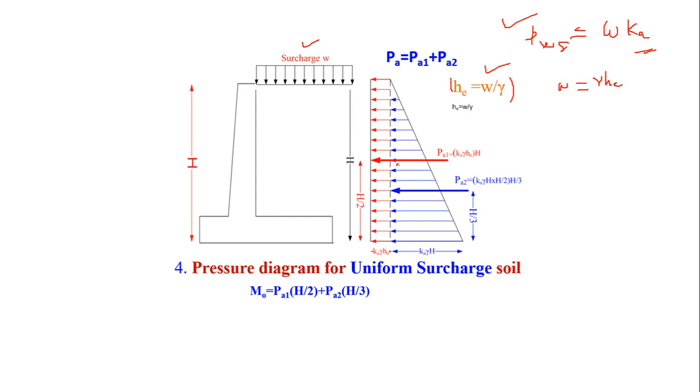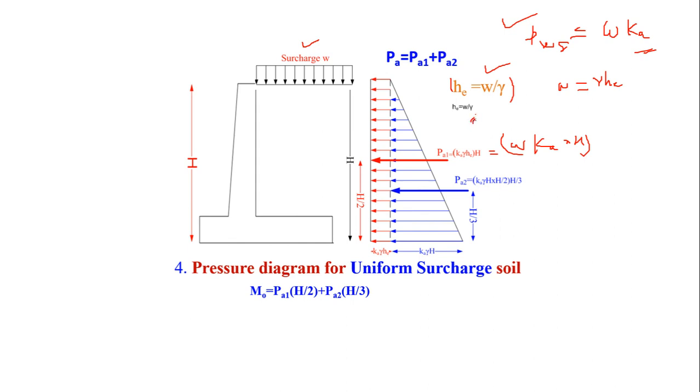Or W into K. Instead of that, we can use pressure as W into K, where W is nothing but the surcharge, into H. This also we can use instead of K gamma into He, if you don't want to calculate the value of He.